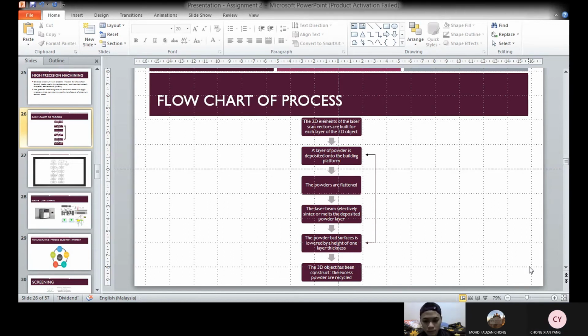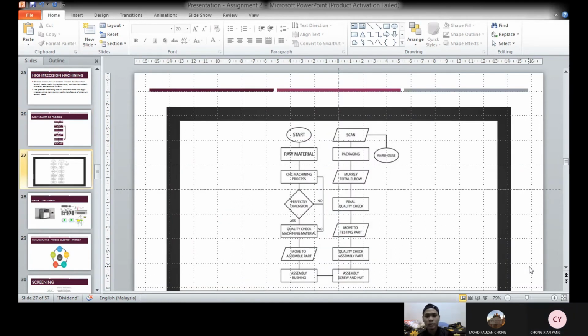Next, now is the process from the raw material to the warehouse.